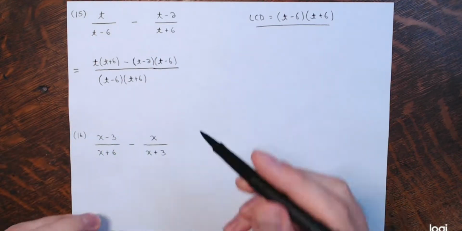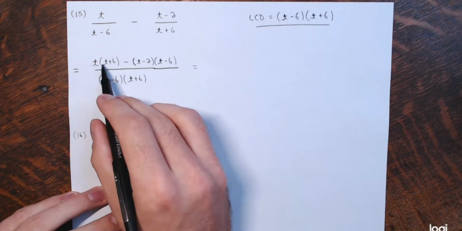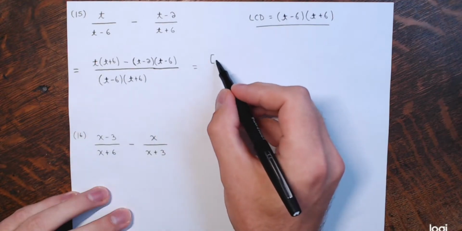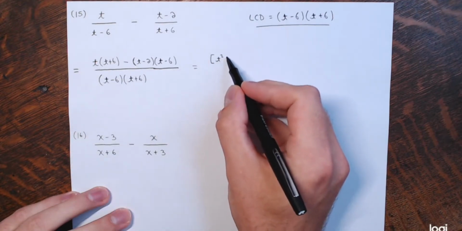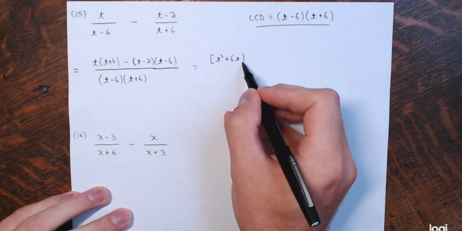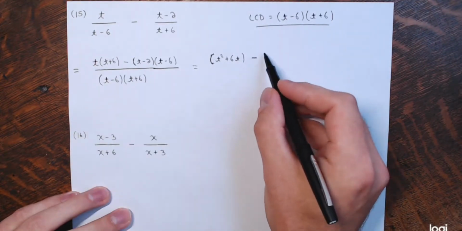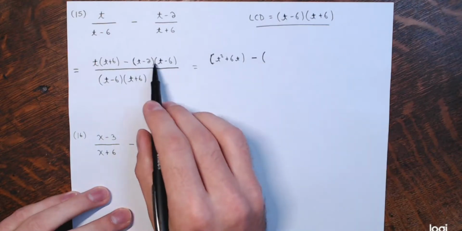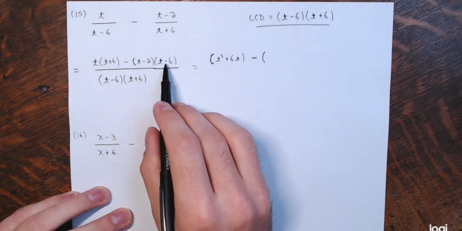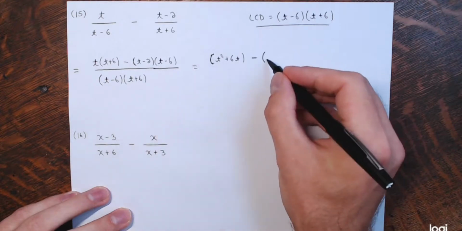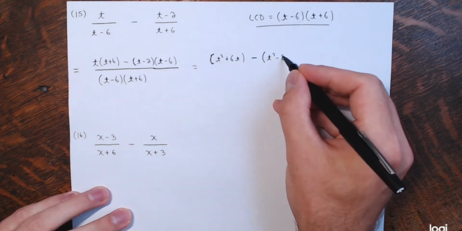All right. So this first numerator, right, is t squared plus 6t. Right, that's the first numerator. Minus the second numerator. When I do t minus 2 times t minus 6, that'd be t squared minus 8t plus 12.